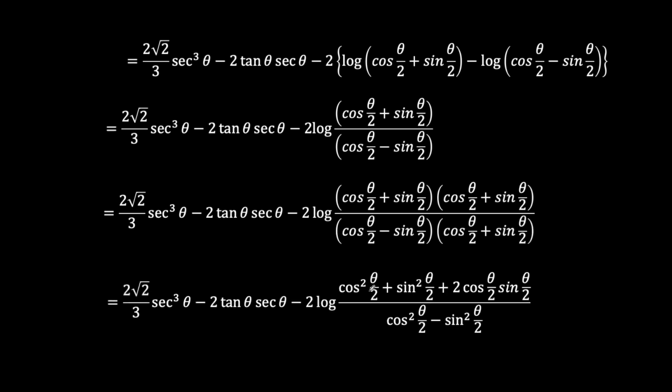And that becomes cosine squared theta over 2 plus sine squared theta over 2 plus 2 sine theta over 2 cosine theta over 2. So this here tends to 1, the popular identity, and then this obviously is sine theta. Right?